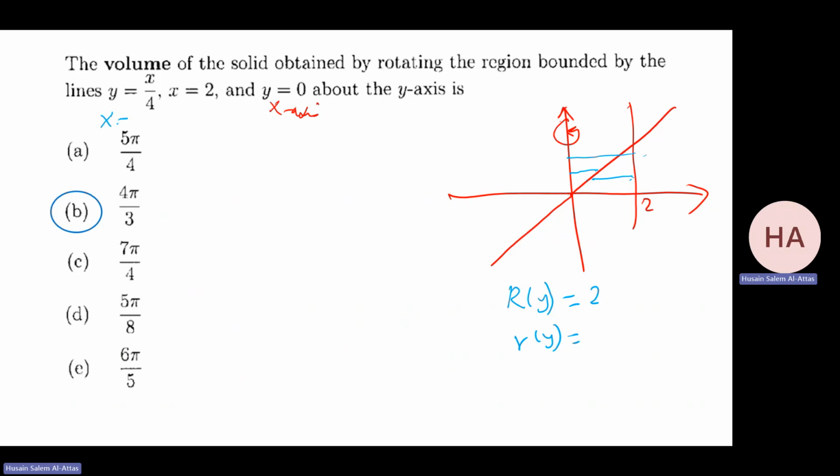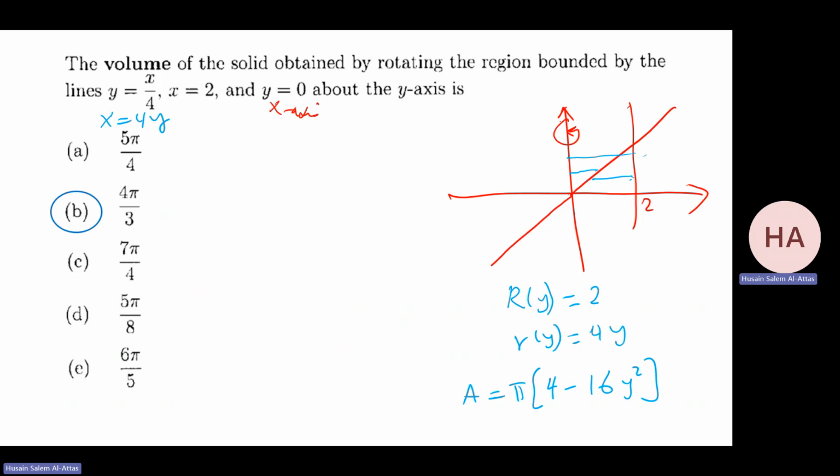So I have x equals 4y, and it's everything in terms of y. So the small r of y will be 4y.